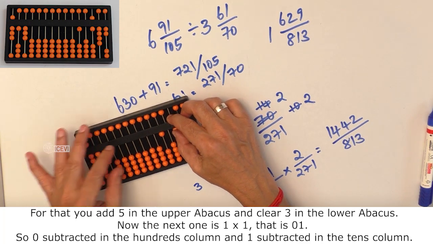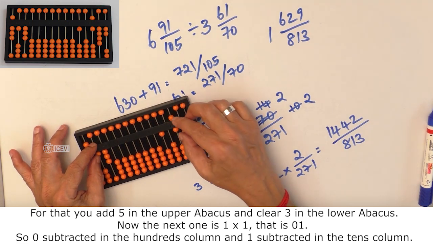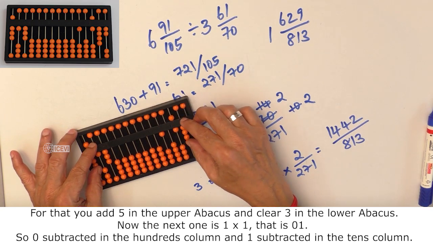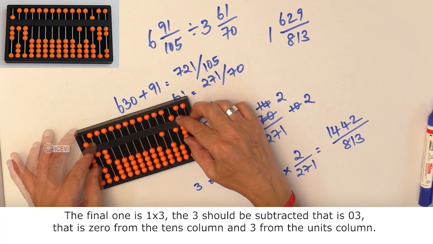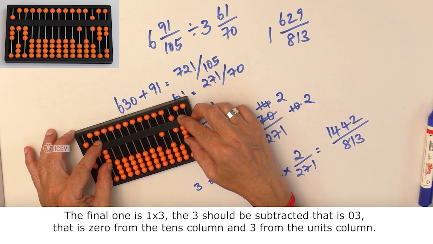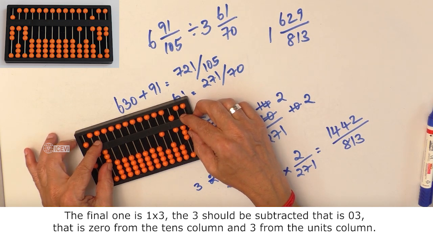Now next, 1 is multiplied with 1, that is 01. So 0 is subtracted from the hundreds column and 1 subtracted from the tens column. The final one is 1 multiplied with 3. The 3 should be subtracted, that is 03, 0 from the tens column and 3 from the units column.